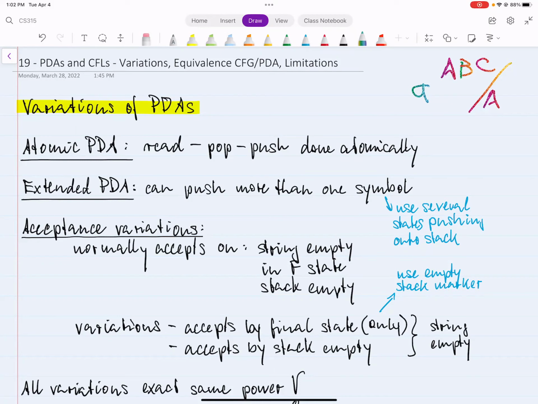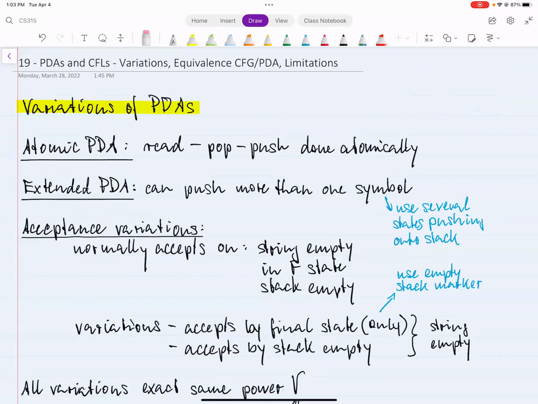What is wrong with that sentence? Yeah? Yes, very good. You can only see the top of the stack. So you cannot magically look down the stack. This is by way of how a stack works. This is out of the question. So you cannot do something like that. All righty.